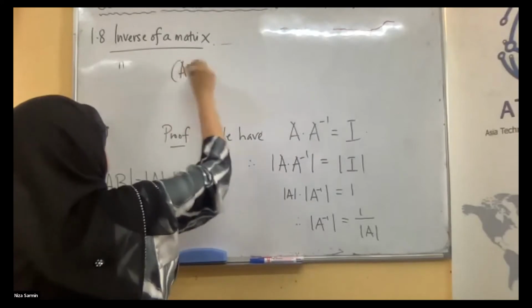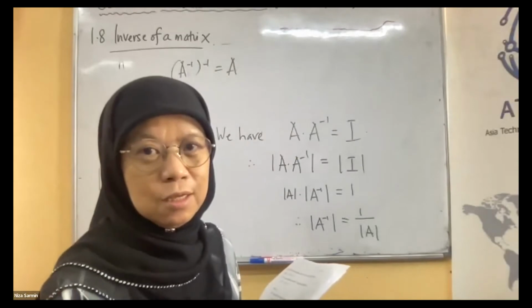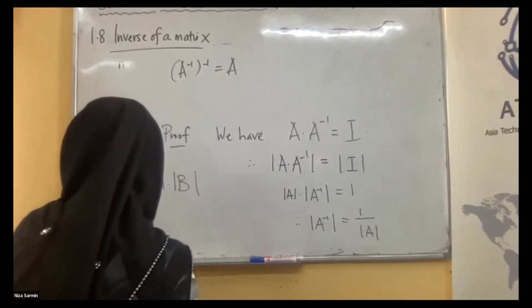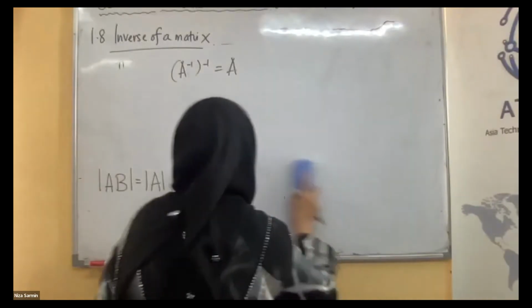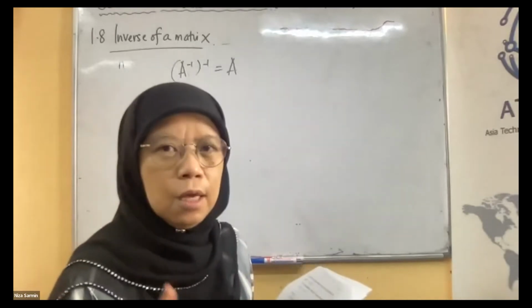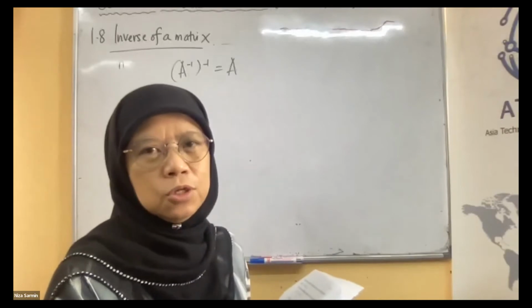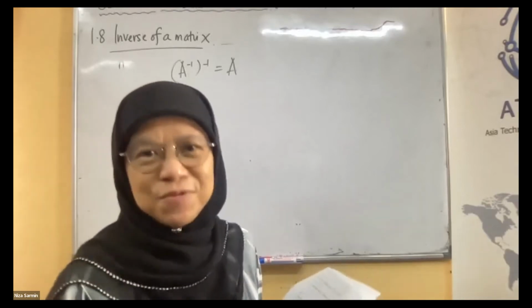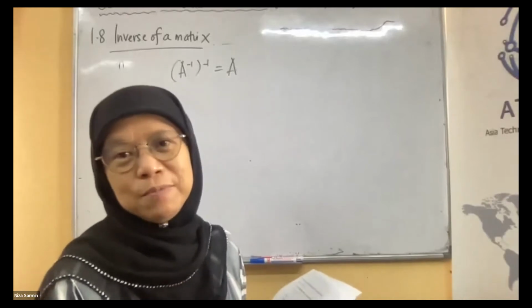A inverse inverse is A. You take the inverse of the inverse, you get A. First, A has the inverse, so the determinant is not 0. And the inverse has an inverse because the determinant of the inverse is also 1 over something which is not 0.